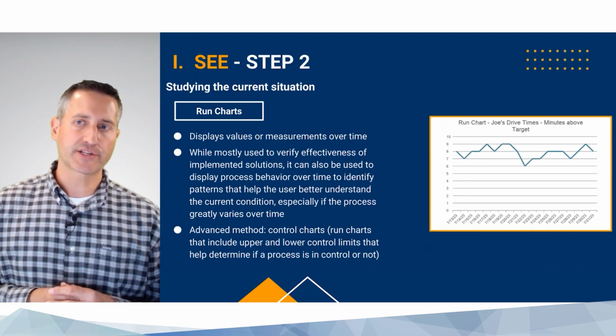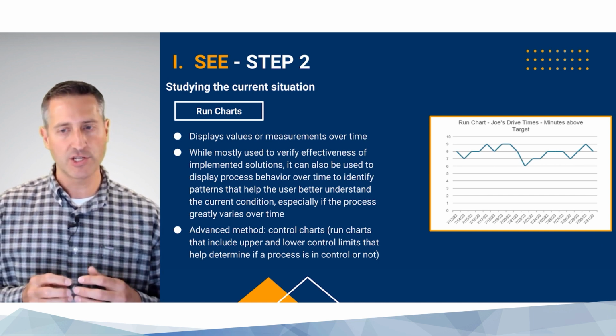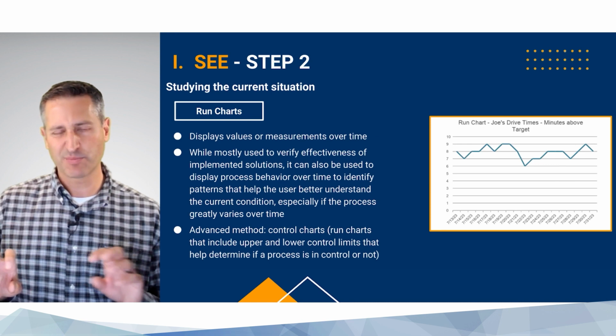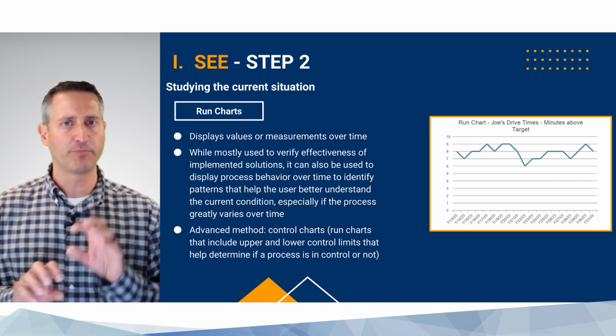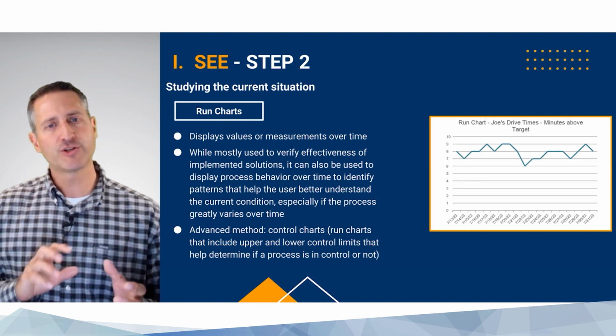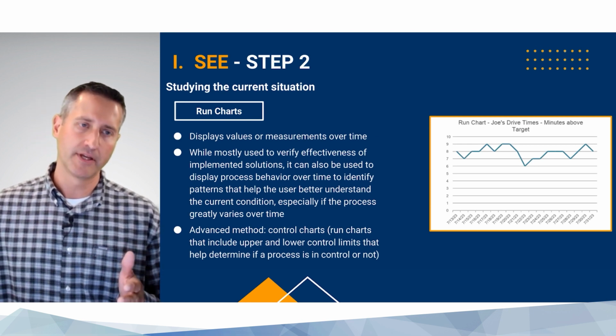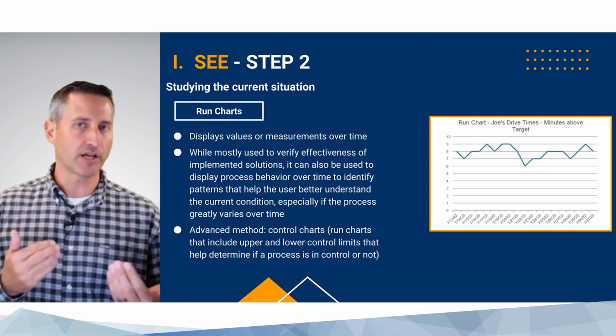Run charts is next. So in Pareto charts and in stratification, we're creating some categorical groupings, people or defects or process steps. In run charts, we're looking at time and we're saying what's changing over time. And time can tell us a lot, right?